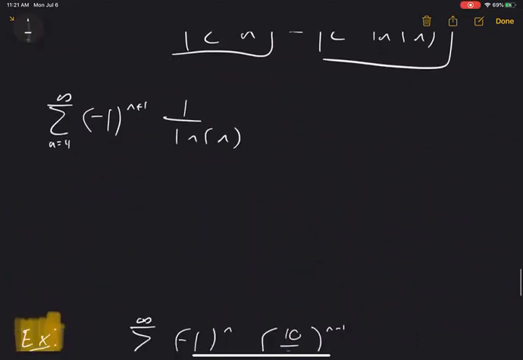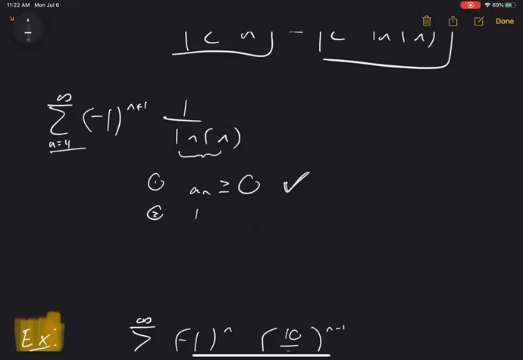Let's check this thing. So what do I need to do? I need to do my 3 steps. This is my a_n, right? 1 over ln of n. Is a_n greater than or equal to 0? Well, for n greater than or equal to 4, ln of n is greater than or equal to 0. So 1 over ln of n is greater than or equal to 0. Okay, that's good.